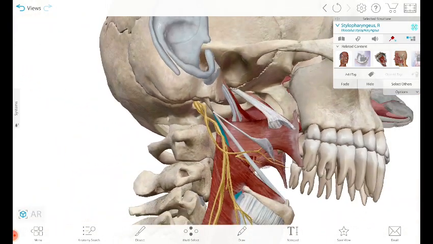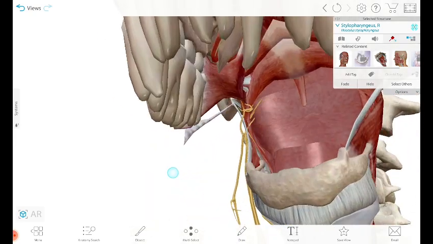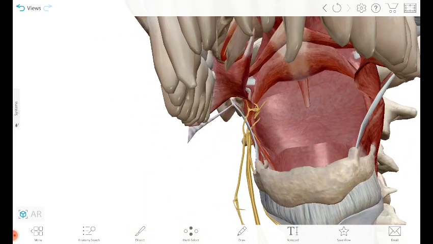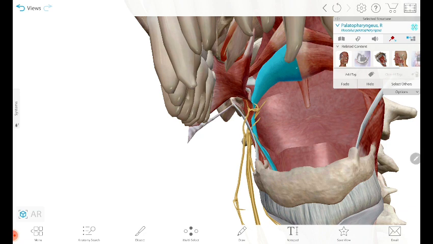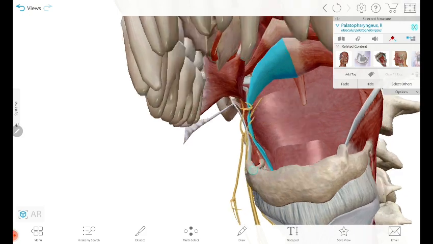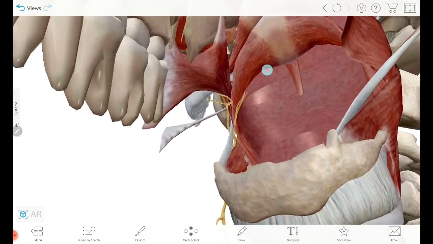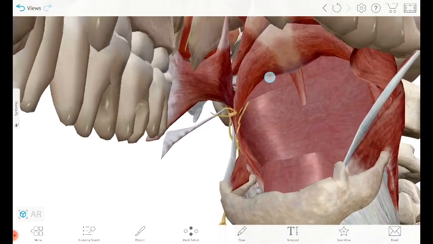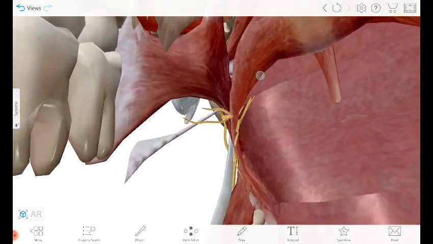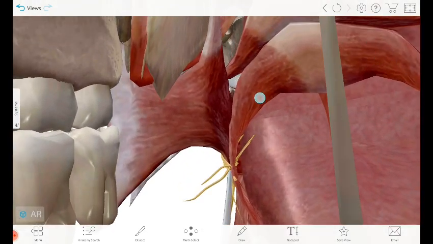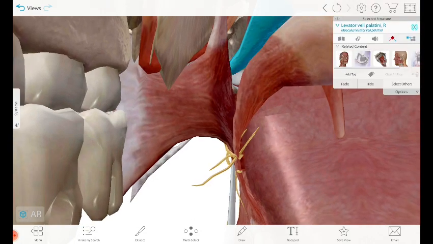Now if we rotate to the inner side, we can see a muscle attached to the palate. So this here will be the palate, and it is attached to the pharynx. So this is the palatopharyngeus muscle. We can also see a structure which will be coming from the auditory tube to attach to the pharynx.